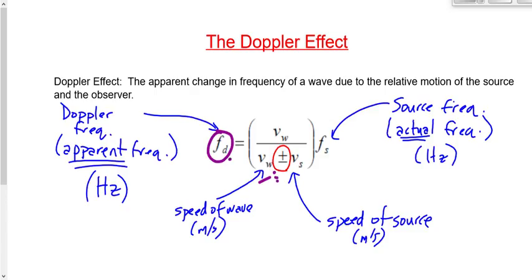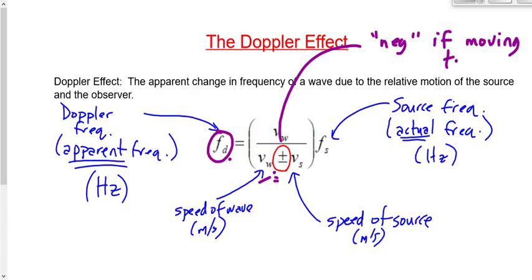How do you get a small number here? By adding or subtracting? By subtracting, right. So we're going to make this a minus or negative if the source is coming towards the observer. And we're going to make it positive if it's moving away from the observer.